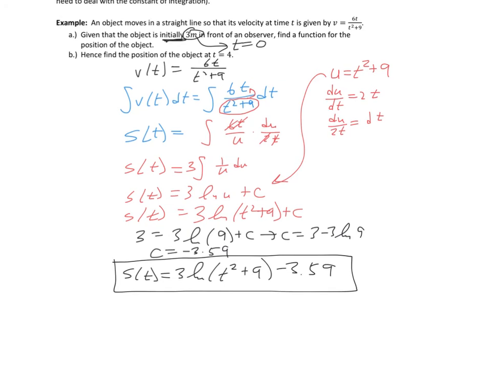Okay. The last thing here, part B, is just asking us, can you find the position when time is 4? In other words, can you plug in 4? So if I do this, it'll just be 3 natural log of 4 squared, which is 16. 16 plus 9 is 25, minus that 3.59 that we got. So in my calculator, I'm doing 3 natural log 25 minus answer.